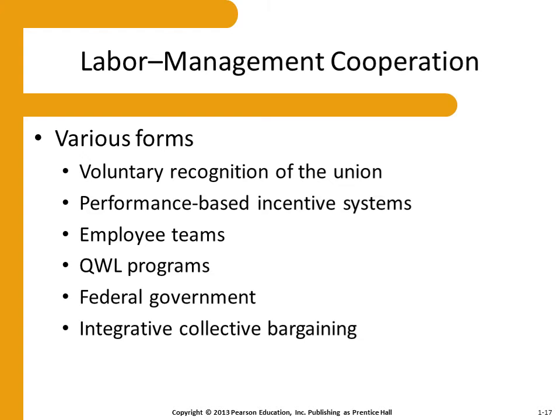And this cooperation can take a lot of forms, including voluntary recognition of the union. While it's unusual, in some cases management agreed to voluntarily recognize a union as a bargaining representative for a group of employees and began contract negotiations, rather than resist the union and insist on secret ballot elections.